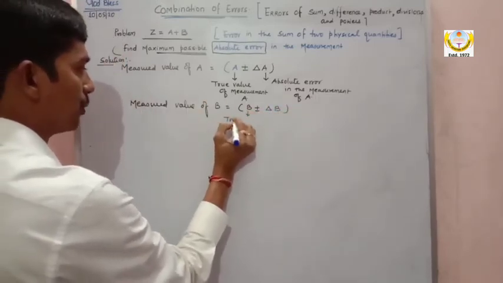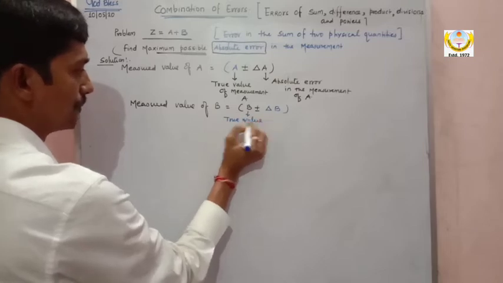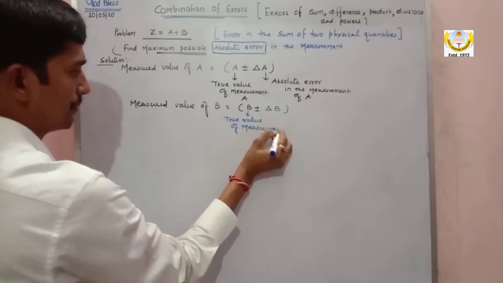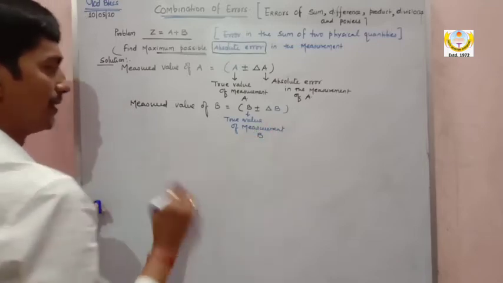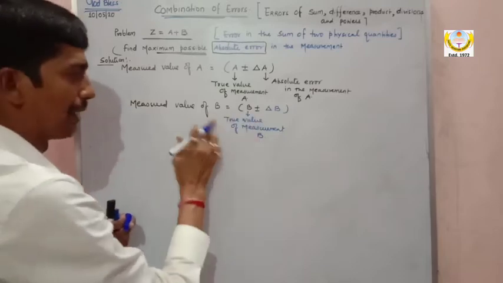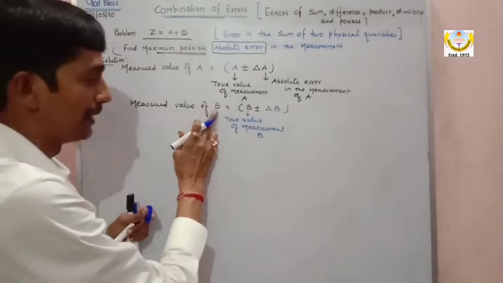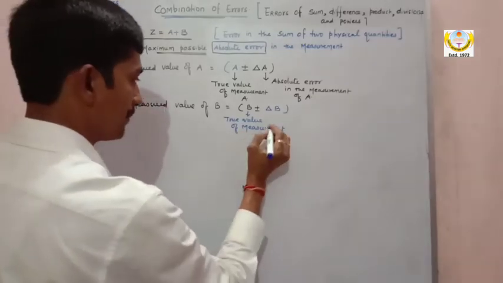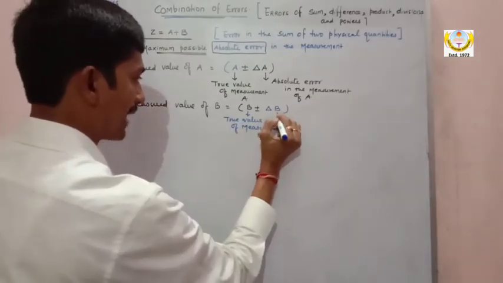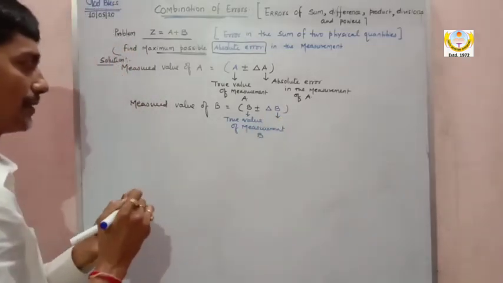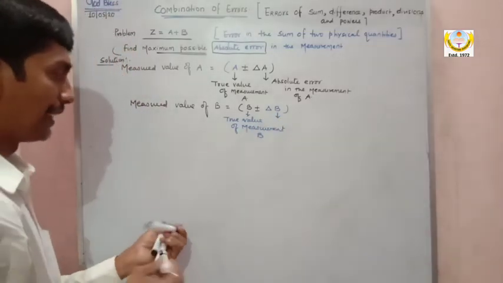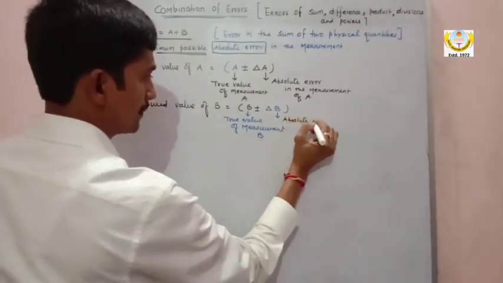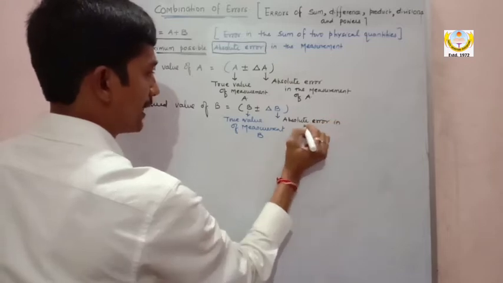B is the true value of measurement B. It is the true value when I measured this physical quantity B. And delta B is, my dear, the absolute error in the measurement of B.